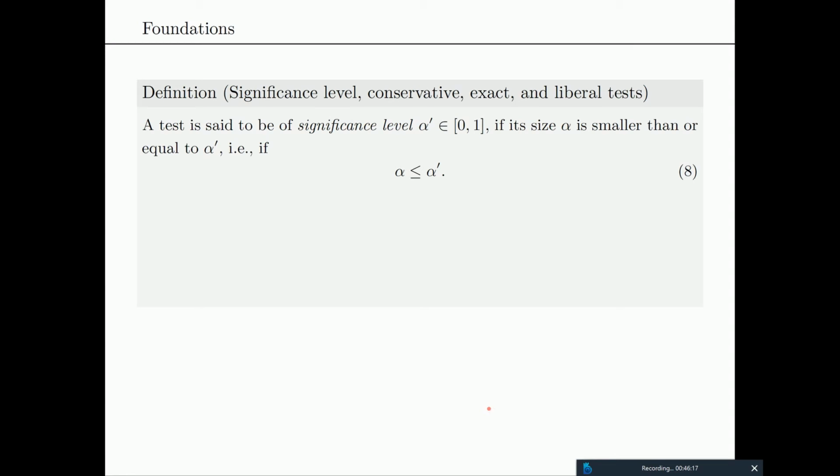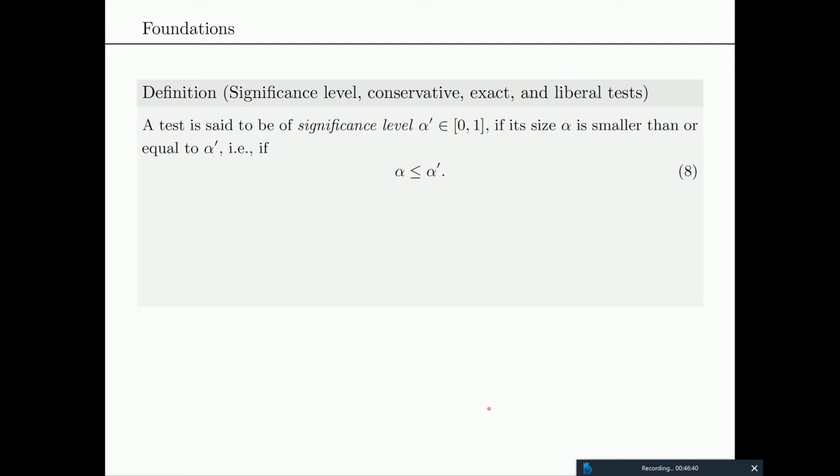Before the break, I want to finish this general test theory by talking about the significance level, because what you really need to also dissociate in your head is the significance level and the size of a test, which is hard because in terms of the t-test, they are the same thing because they are exact tests, but in general they are not the same thing.